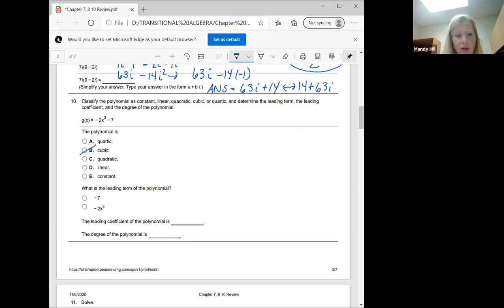The leading term is -2x to the 3rd. That would be everything in the front. The coefficient is -2, the number in front. And the degree of the polynomial is the highest power that it's raised to, which would be the third degree.